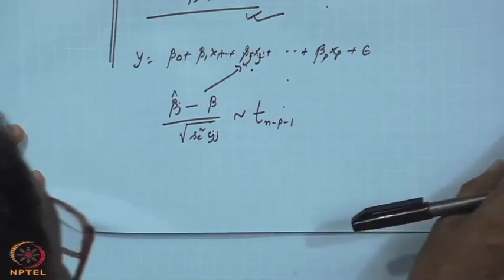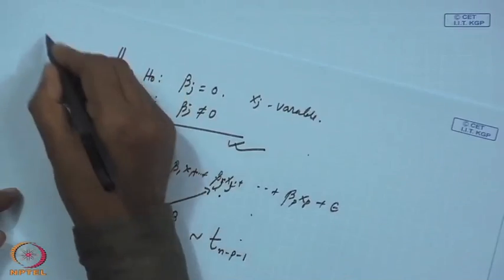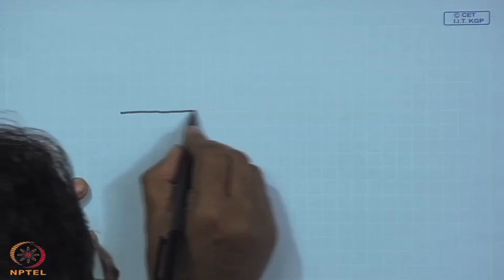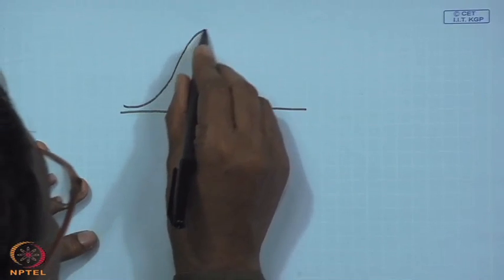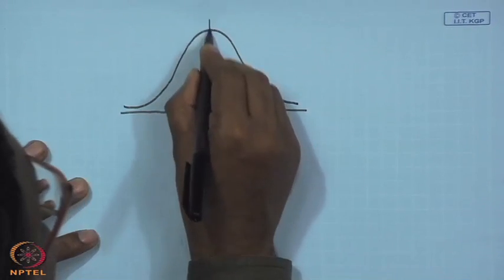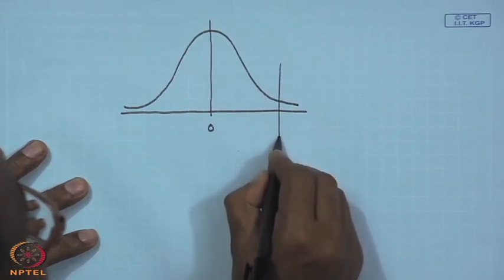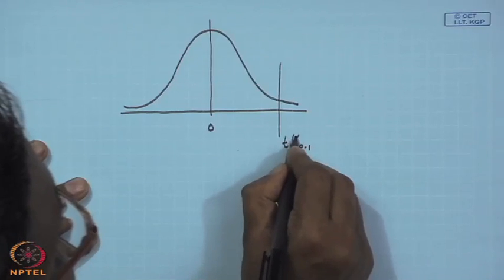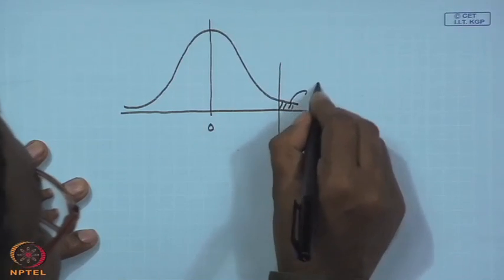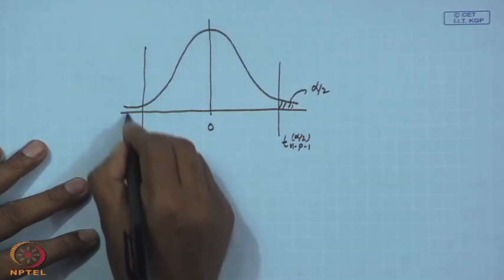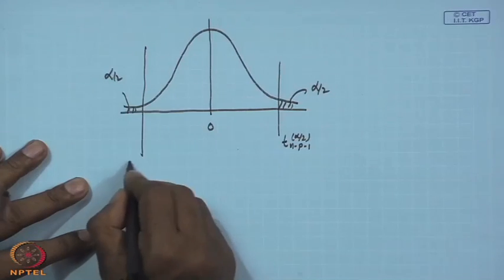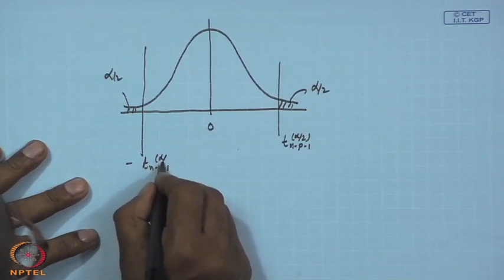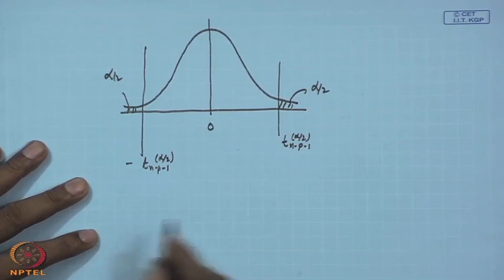Okay. So, if this is true, then we can write like this: this is my t distribution, this is 0, this one is t with n minus p minus 1 degrees of freedom at alpha by 2, this side is alpha by 2, this side also alpha by 2, and this is minus t n minus p minus 1, alpha by 2, this value.